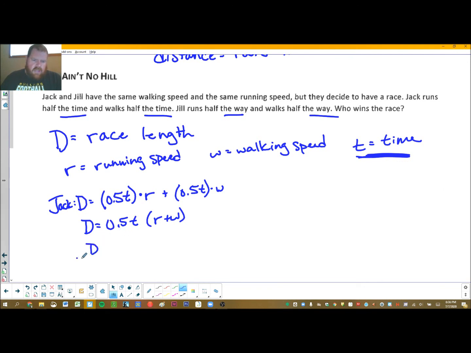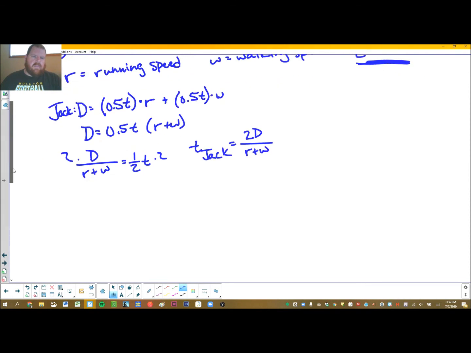So I'll have d over r plus w equals 1/2 t. Multiply both sides by 2, and we get that Jack's time will be 2d over r plus w. That sounds complicated. We're going to get into simplifying that here in a second.